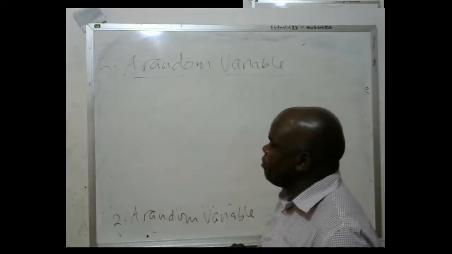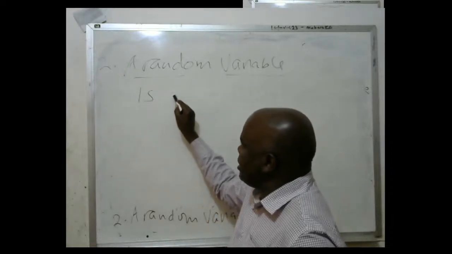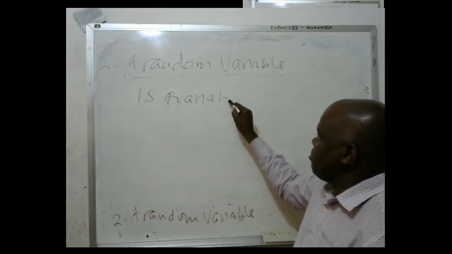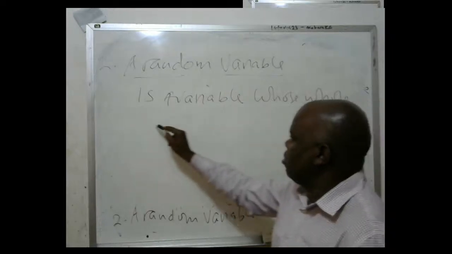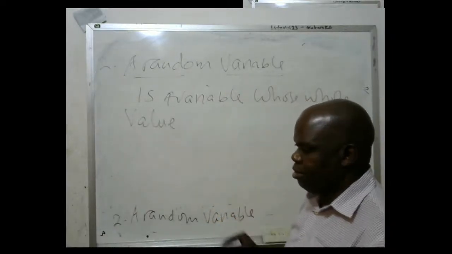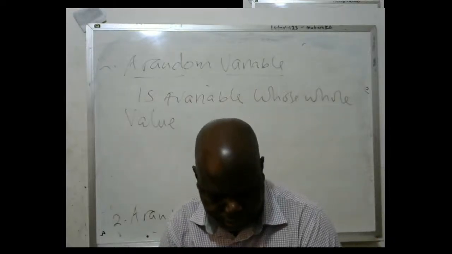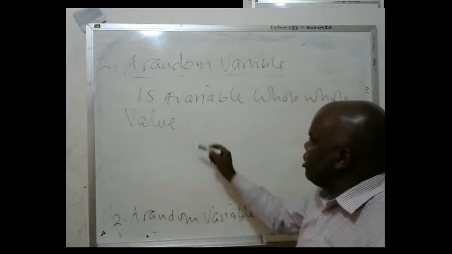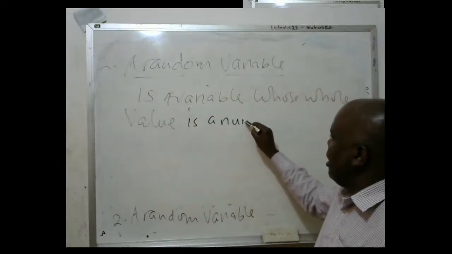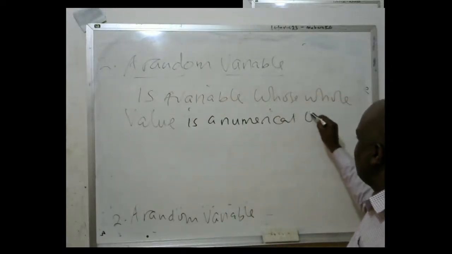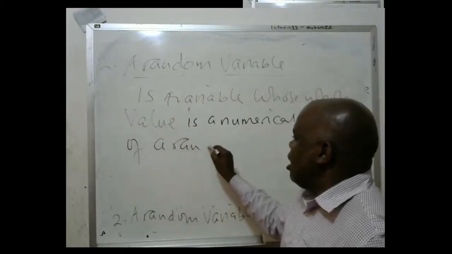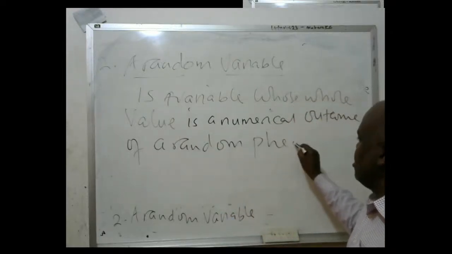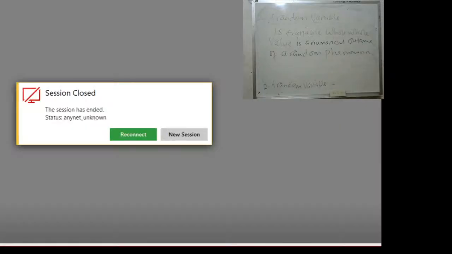So a random variable is a variable whose value is a numerical outcome of a random phenomenon. Now here I need to explain this. It's a variable whose outcome is a numerical value of a random phenomenon.